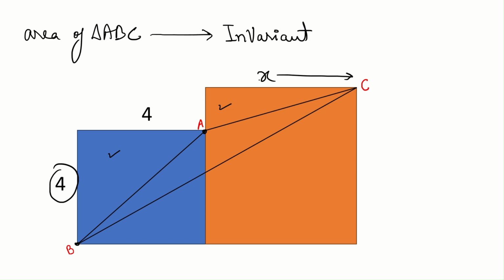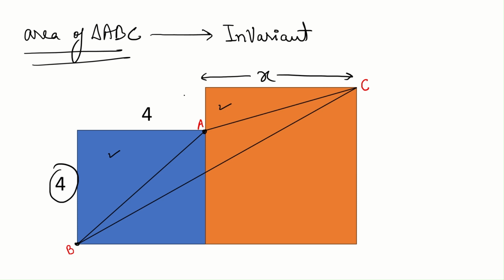We don't know what is the size of the second square. And that directly implies that irrespective of the size of the second square, our area of triangle ABC is going to be the same. That implies area of triangle ABC is invariant, in the sense it doesn't vary with respect to the size of the second square. And this idea is going to be super useful in solving this question.